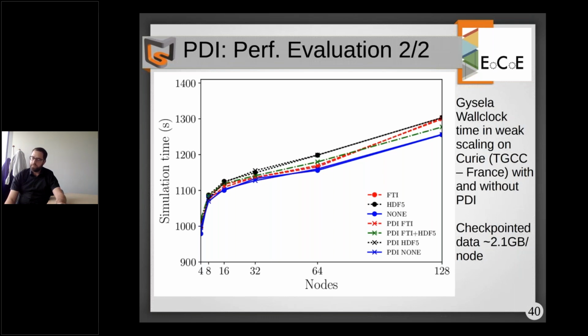In that case, HDF5 plus FTI uses FTI for intermediate checkpoints because FTI enables the code to overlap communication with computation, while for the last and final checkpoint where we are interested in checkpoint portability, we rely on HDF5.